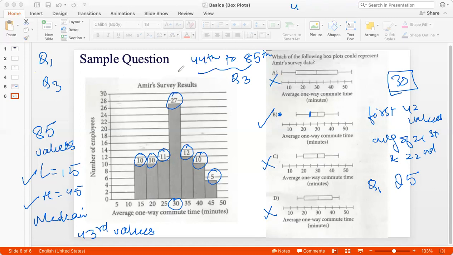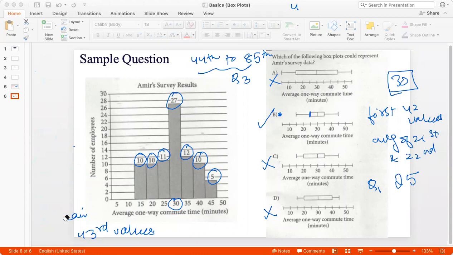Actually, I'll clear this so that there's some space here. Yeah, so I need to find, if my 44th value is number 1, then what would be my 21st value?